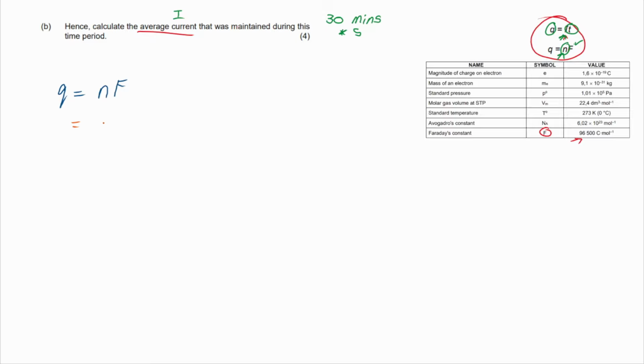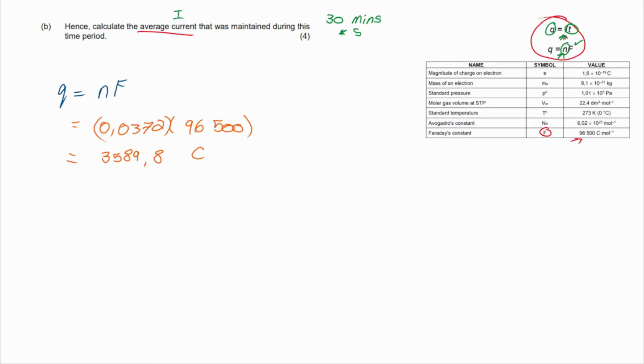So from our previous answer, it was 0.0372, that gets times by Faraday's constant. We put this in the calculator, 0.0372 times 96500. We get this value here, but remember, very important, keep it in your calculator. And the units of this, so what is Q? Well, Q is charge. So you have to have the units here.